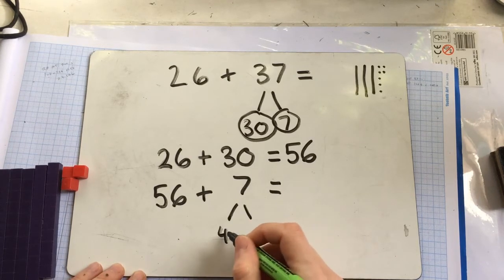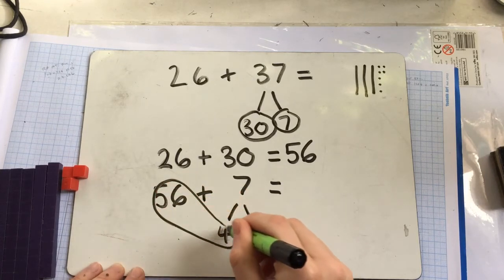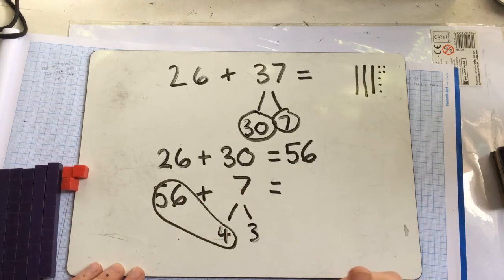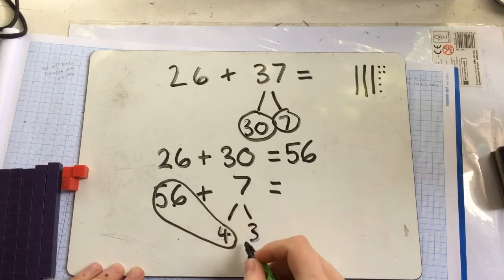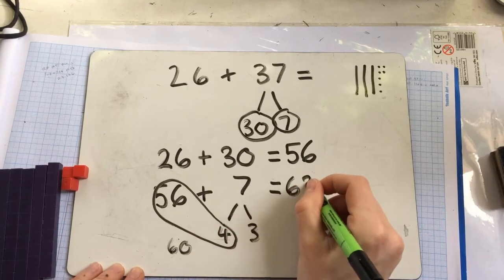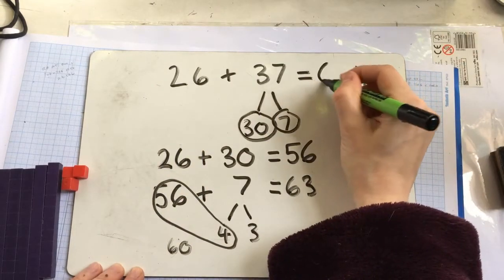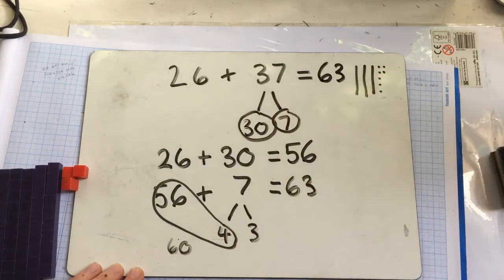So if I'm splitting 7 into 4, I know that other part's got to be 3. So I know that 56 and 4 is going to be 60. And then I'm going to add the 3 to 60, to make 63. So 26 plus 37 is equal to 63.